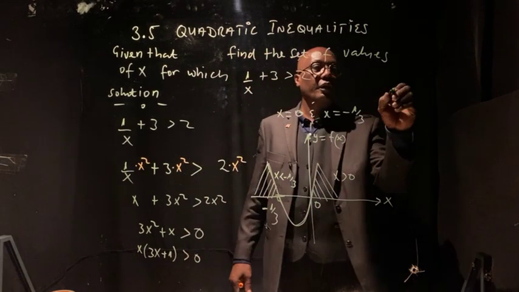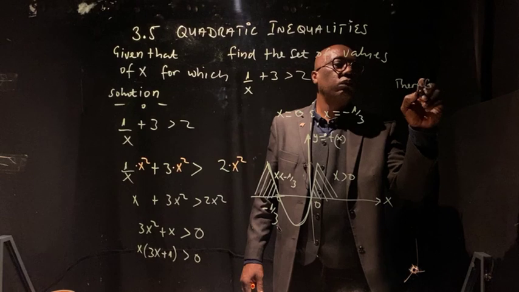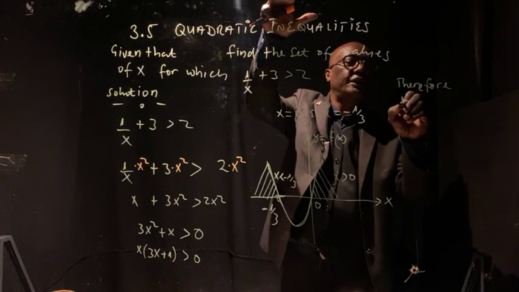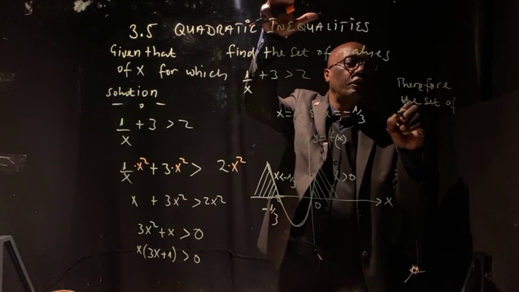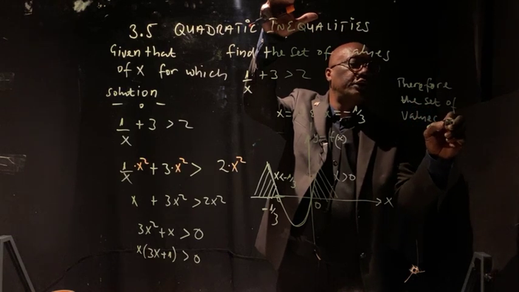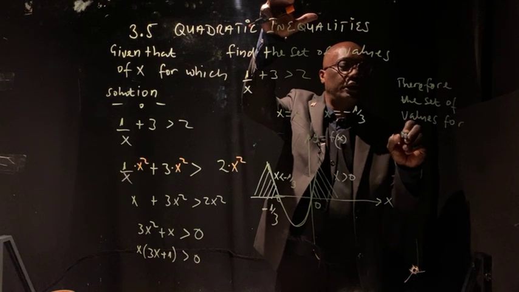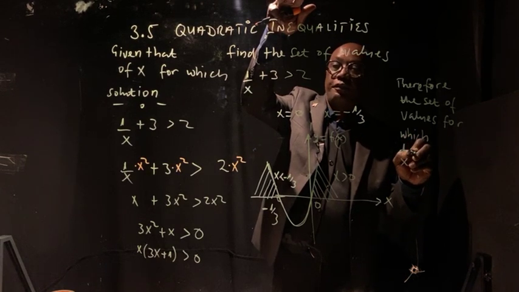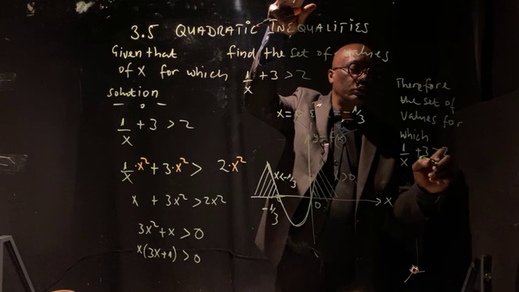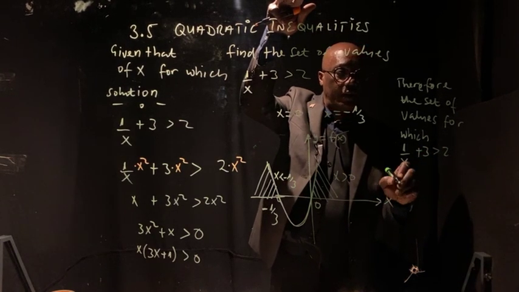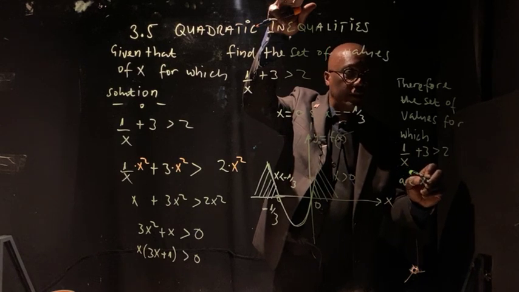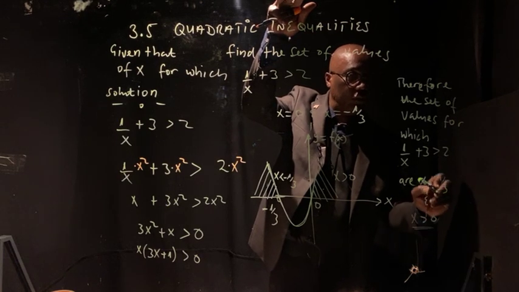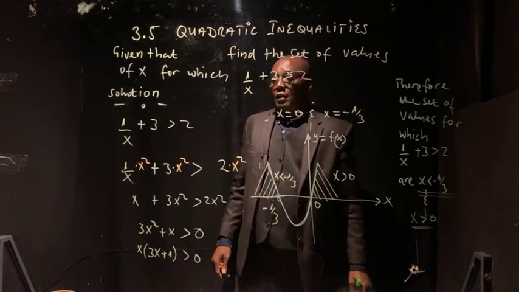Therefore, the set of values for which 1 over x plus 3 greater than 2 are x is less than minus 1/3 and x is greater than 0. Yeah. That's it. That was a quick one.